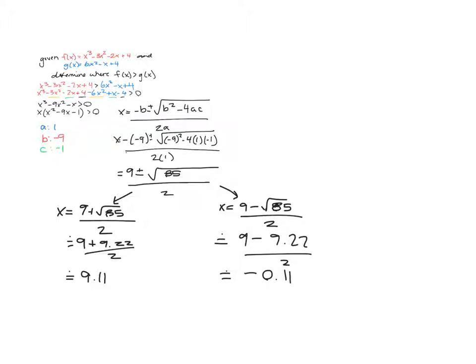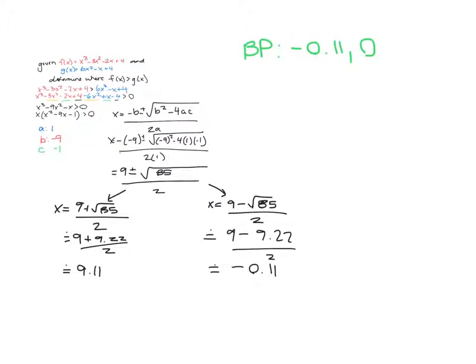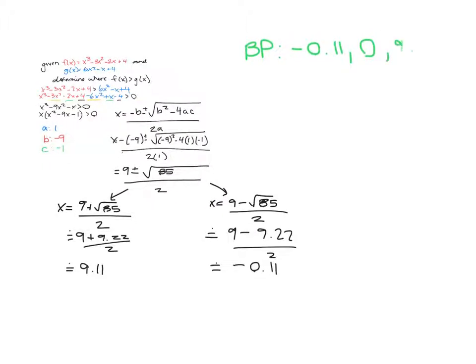Boundary points are negative 0.11, we have our 0, key important point, and our 9.11. Okay, so that's super important that we always keep that in mind. Yes, we solve for the boundary points in those brackets, but we also have that x outside of the brackets. So we've restated our boundary points.